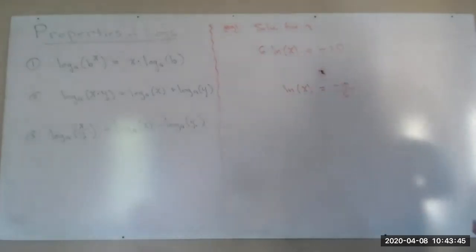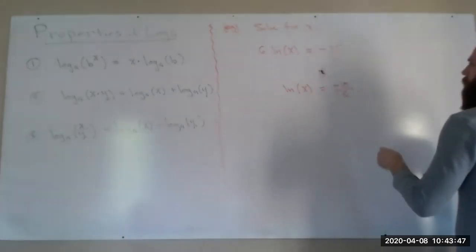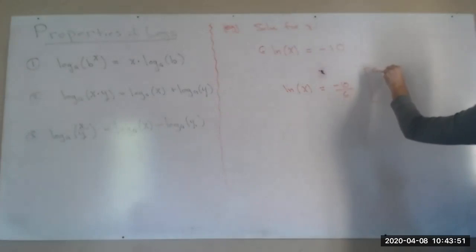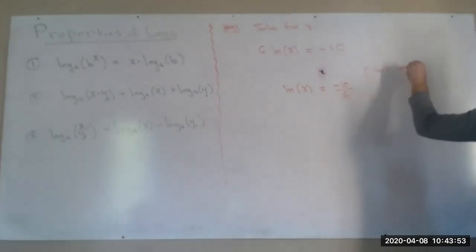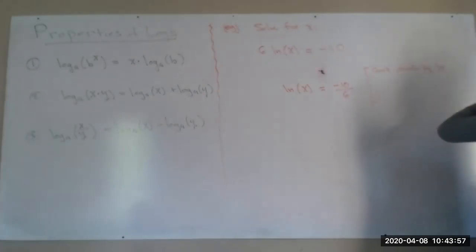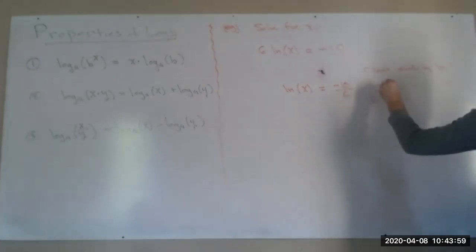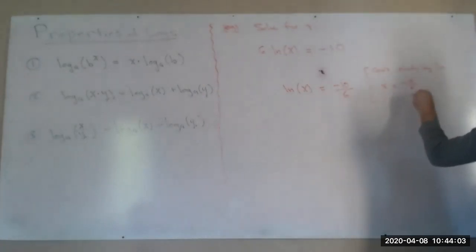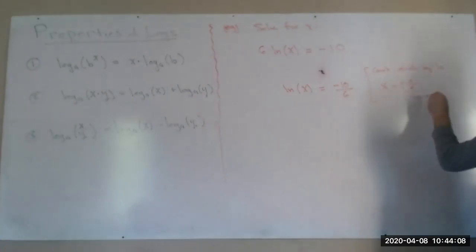Like I said, we cannot divide both sides by ln now. In other words, this is not the same as saying x equals negative 10 over 6 divided by ln. This doesn't make sense. This has no meaning.